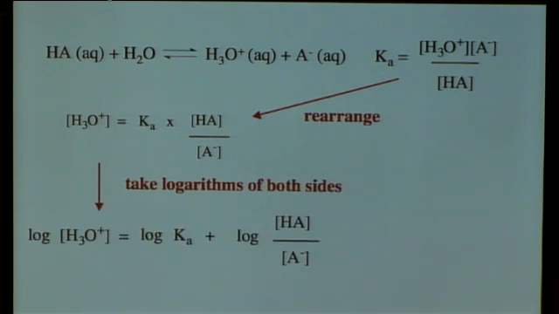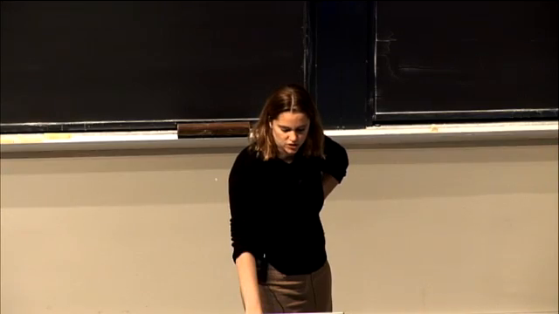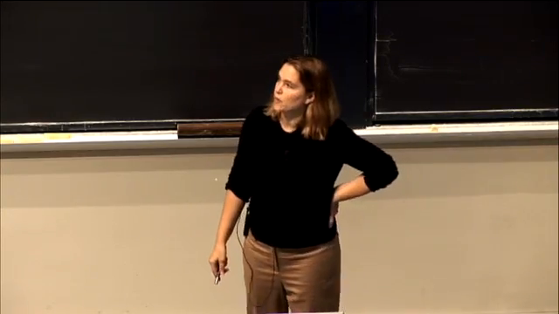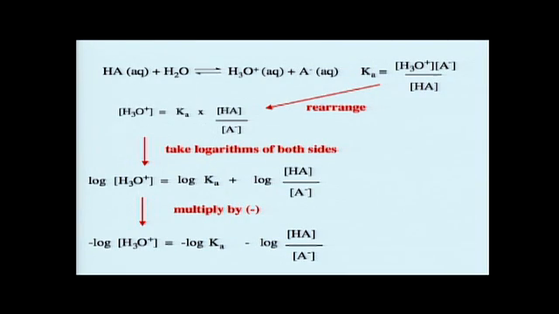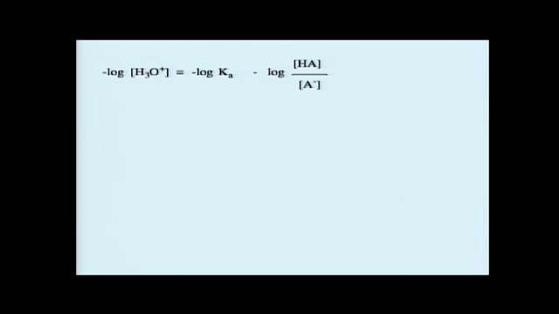And now we're going to take the logs of both sides. So we get the log of hydronium ion concentration, the log of Ka, and the log of HA concentration over A minus concentration. And now we're going to multiply everything by a negative sign. So we have minus logs of things. And I'm just going to move this now up to the top of the screen. And we have this equation.